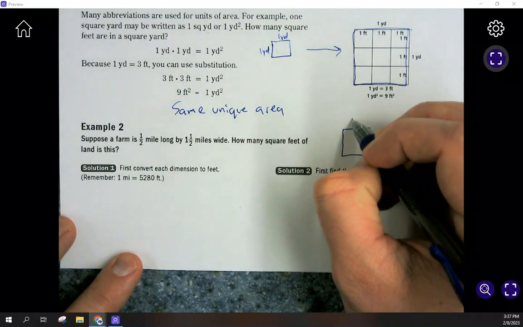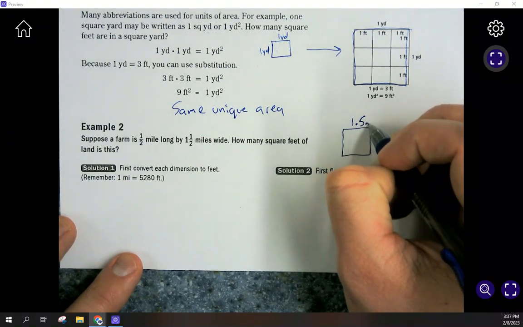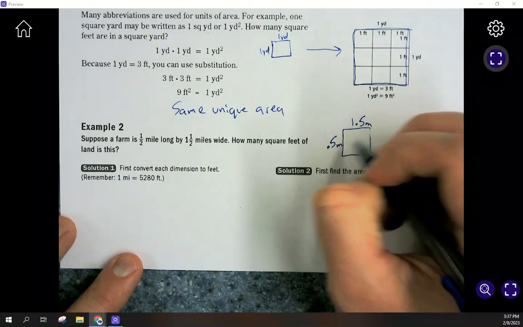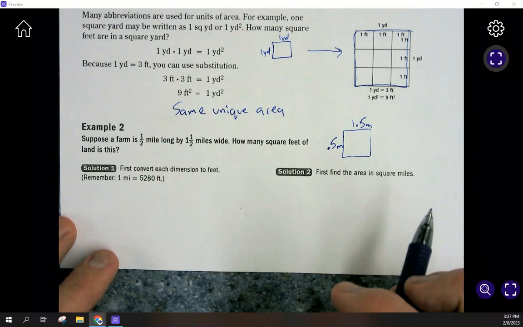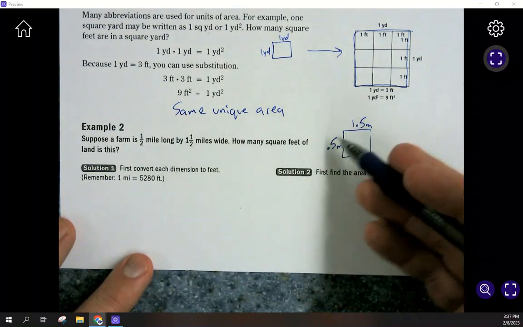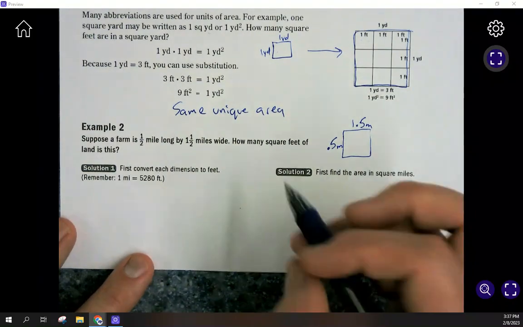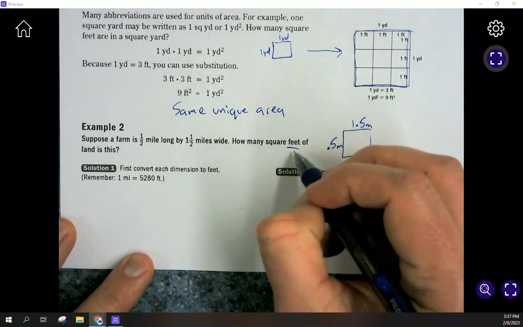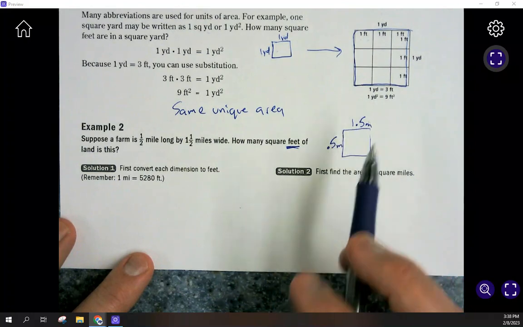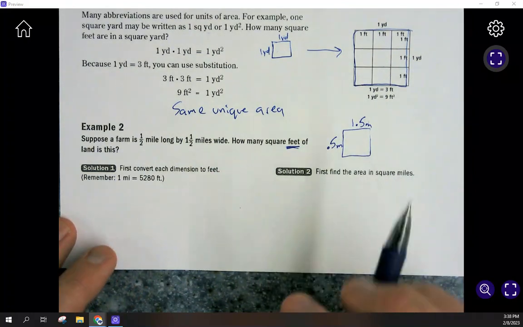So I didn't draw this to scale, but if it's 1.5 miles wide and half, so 0.5 a mile long, it looks like this. So the question is not how many square miles is it, that would be easy, you just multiply those two numbers and you're done. How many square feet of land is this? So we can very easily find out the square miles, but how many square feet is this?